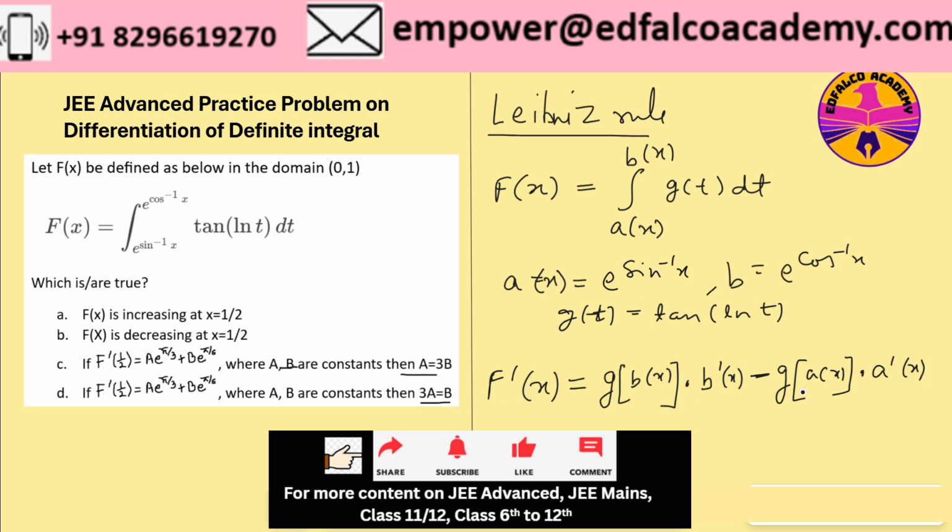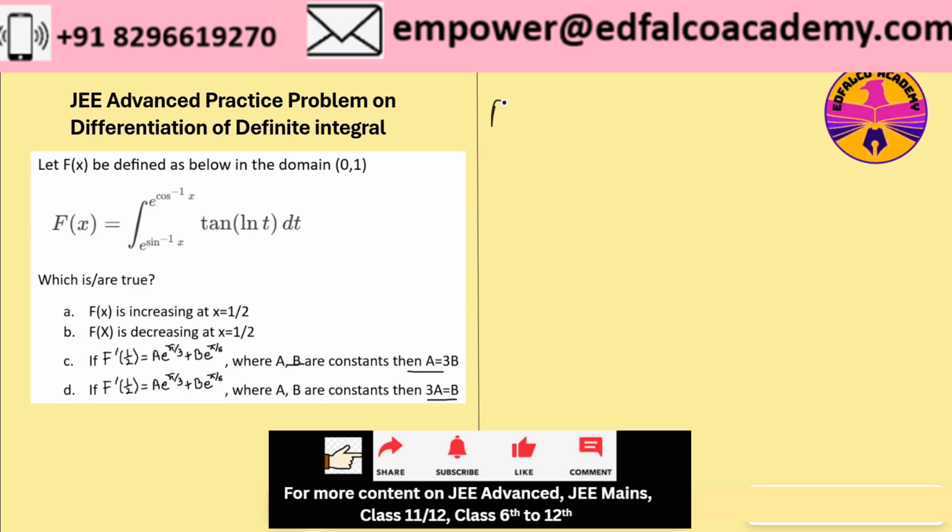So this is what the formula of Leibniz rule says, and now we can apply this same formula on our question directly and see what comes out as f dash x. So now let's try to find out f dash x with the help of Leibniz rule.